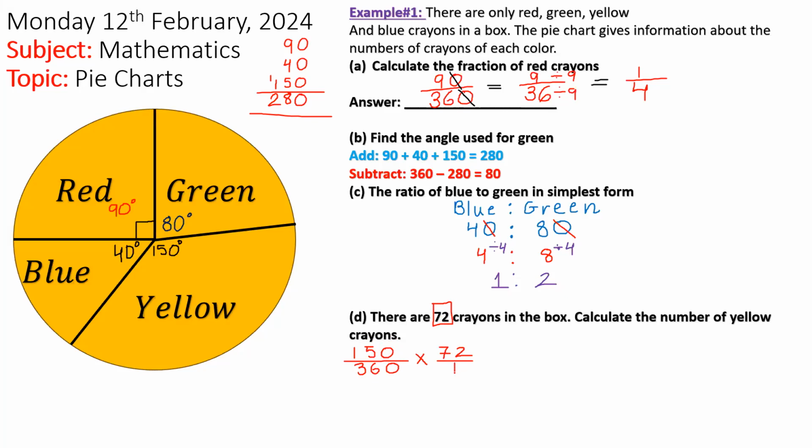So what can we cancel? We can cancel out the 0 from the 360, this 0 and that 0. And so we're going to multiply. What we have left is going to be what? 15 over what? 36.